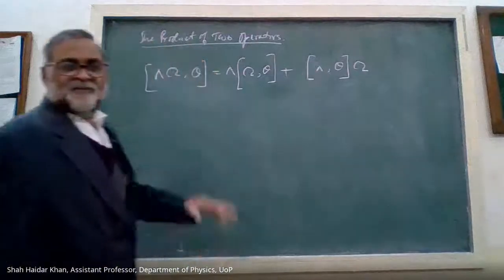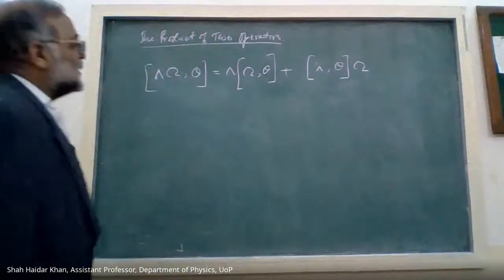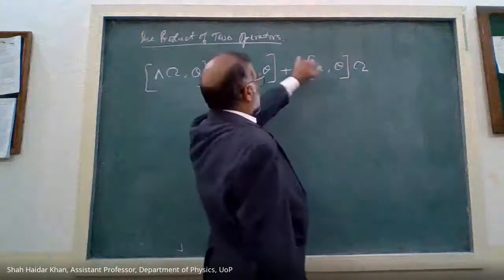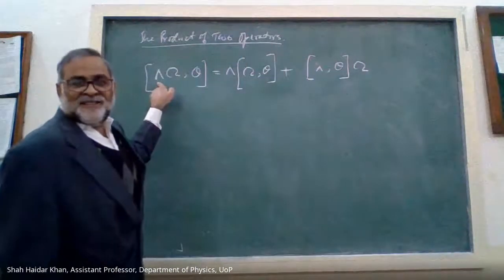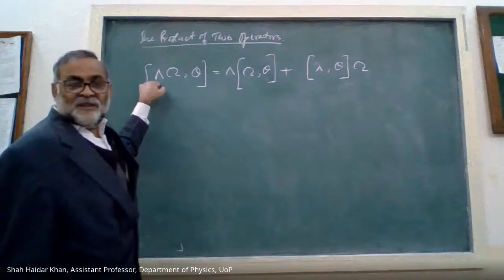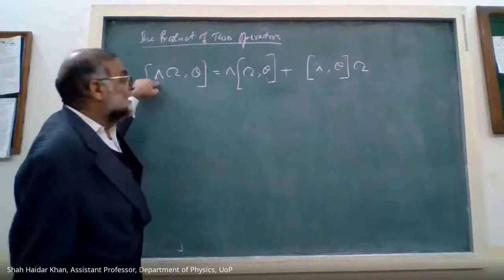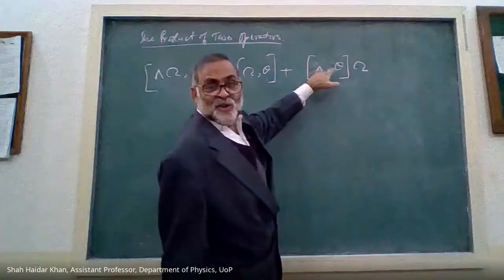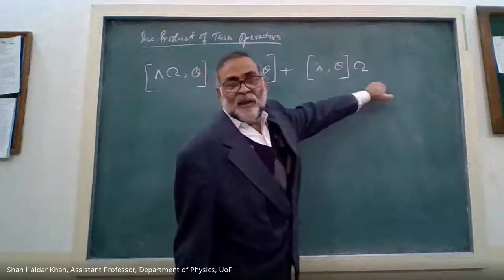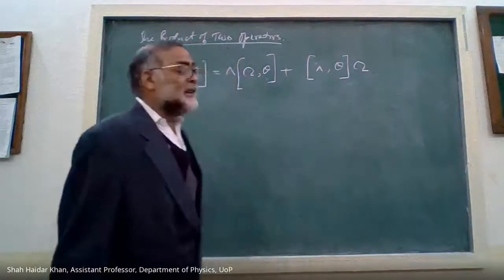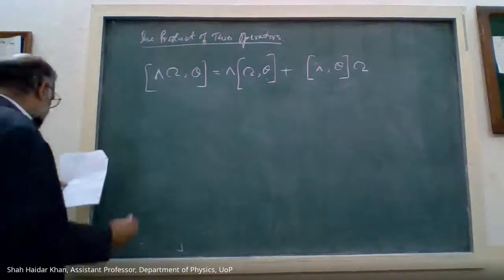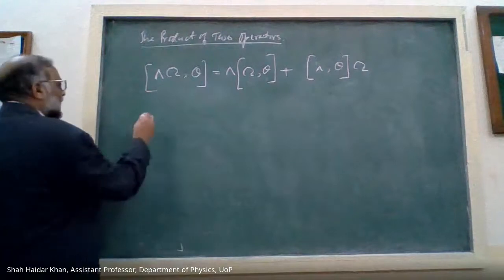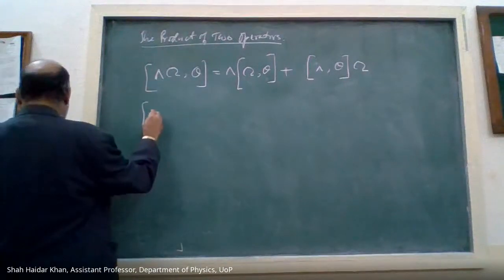I personally try to remember that this omega is not here because here lambda comes first, and since order is important, just keep in mind that lambda should be first and omega later on. And if we have something like this, right?